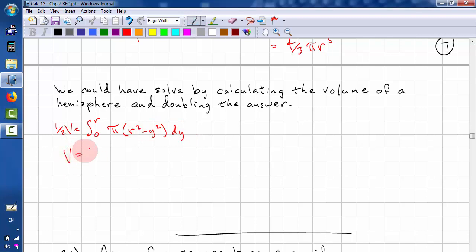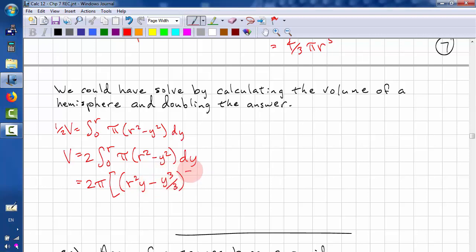So V equals 2 times the integral from 0 to r of pi times r squared minus y squared dy. And we get 2 pi, and r squared y minus y cubed over 3.